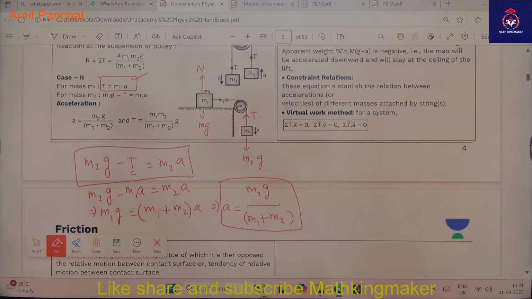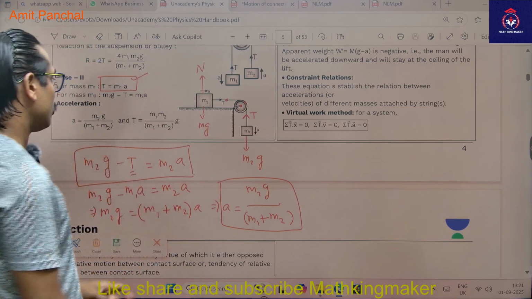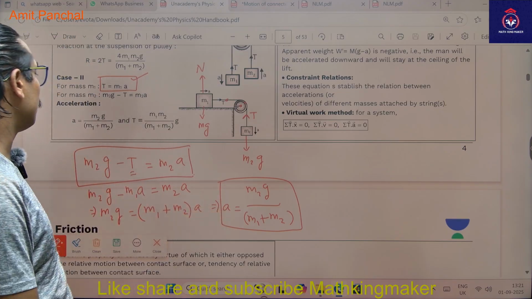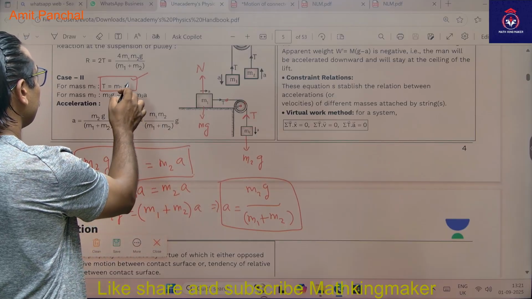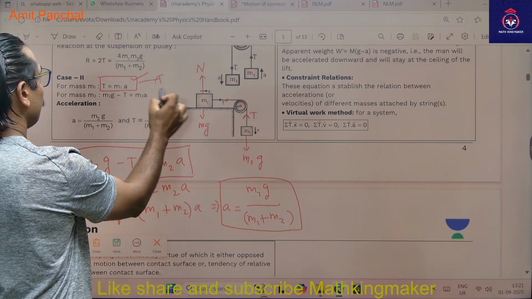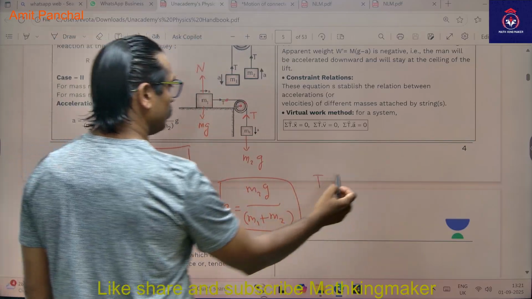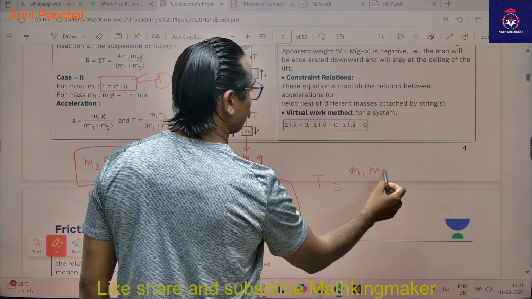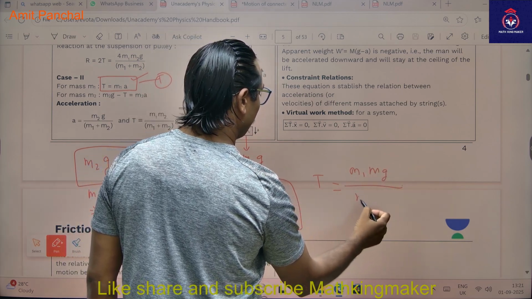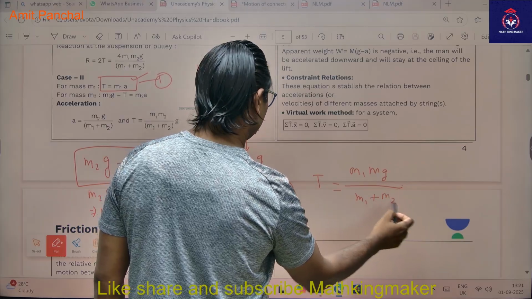So do you understand how to find A? Now you just put the A value into the first equation, and you will get T. So T will be M1 M2 G by M1 plus M2.